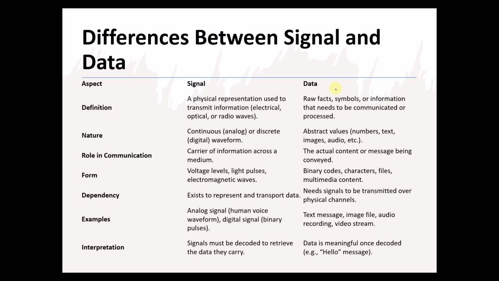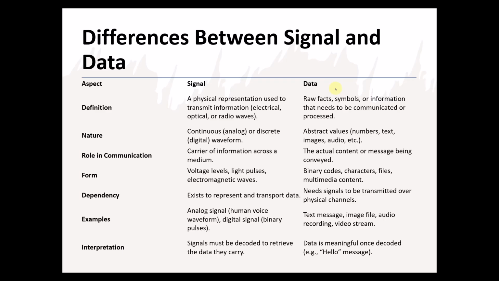Earlier on we said that it can be electrical, it can be light, optical, or it can be radio waves, which is electromagnetic. So these are the 3 main forms that signals take: optical, which is light; electromagnetic, which is radio; and electrical, which is electric.